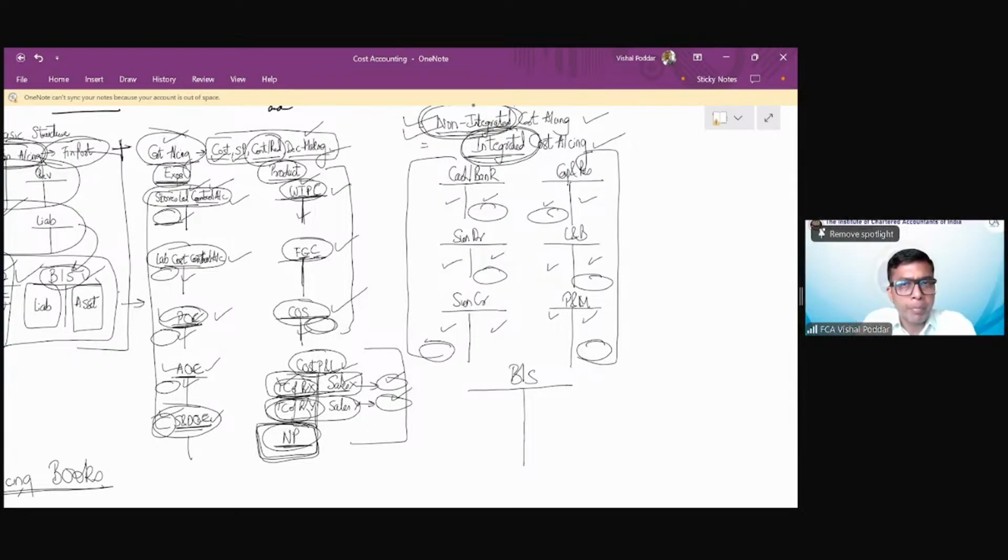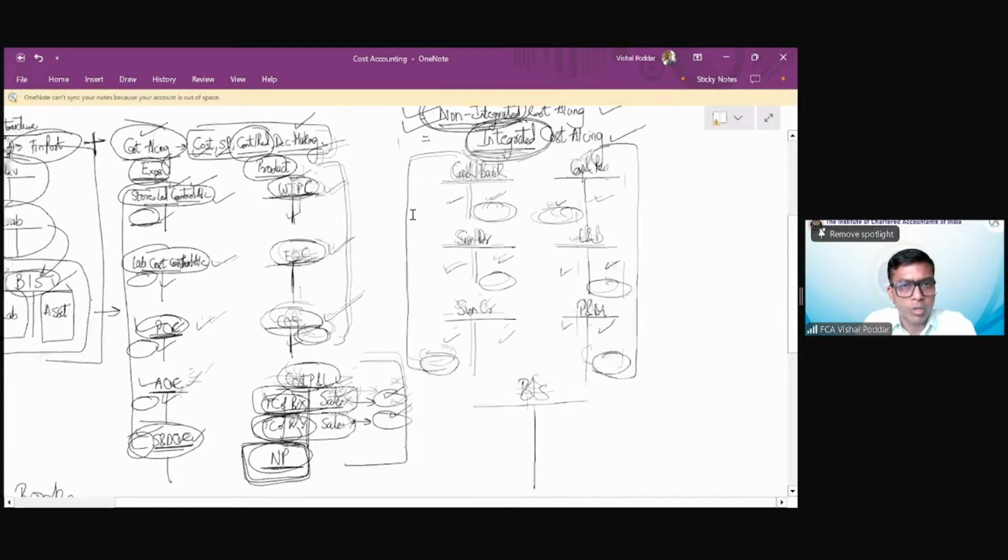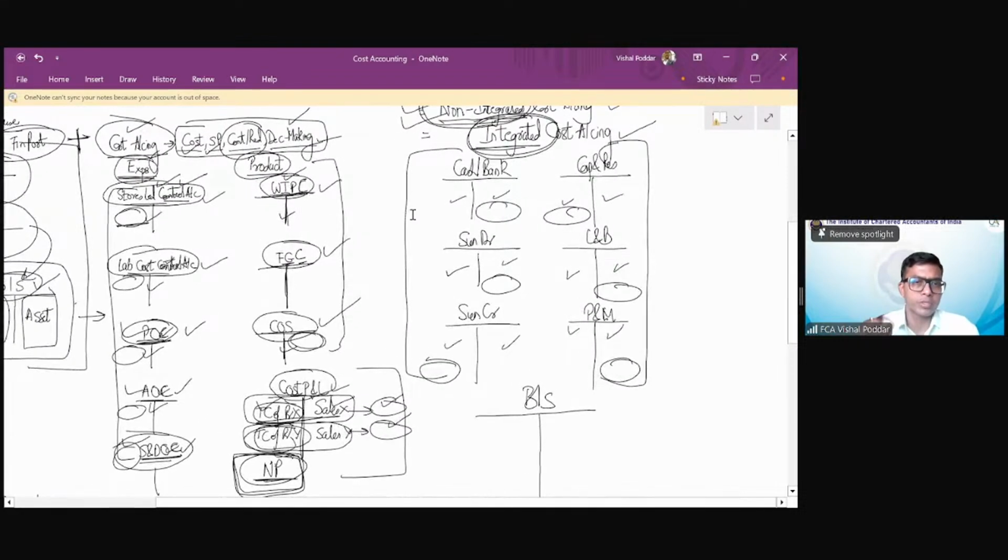The moment I prepare one set of books like this, what you can see on the screen with these accounts, my P&L will appear differently like this, where in my P&L, the total cost and sales of each product will be appearing. So how much I am spending as cost of each product plus how much profit I'm earning on each product will get disclosed to the world, because these accounts have to be published. These accounts have to be shared with so many different external users of accounts.